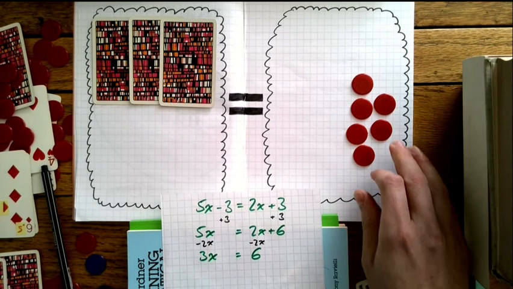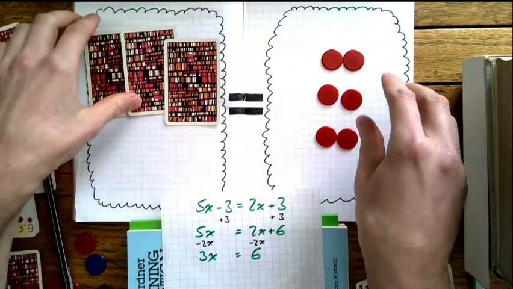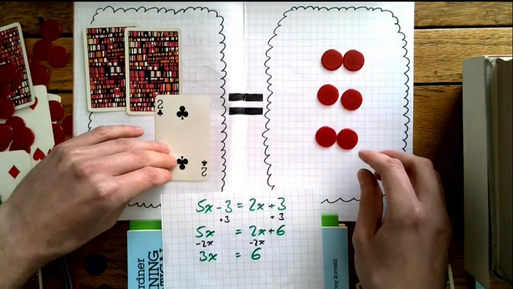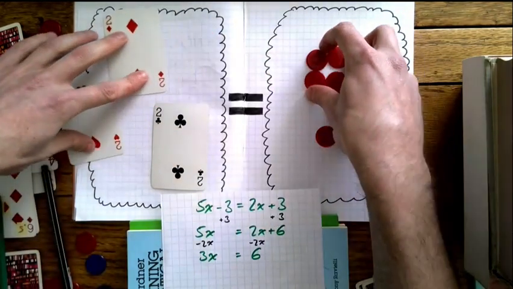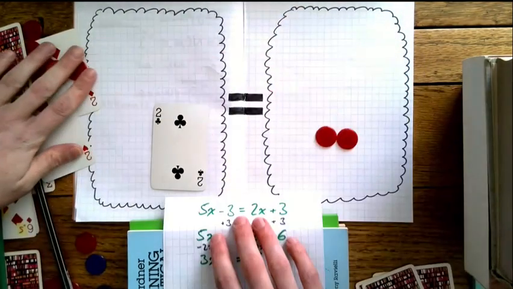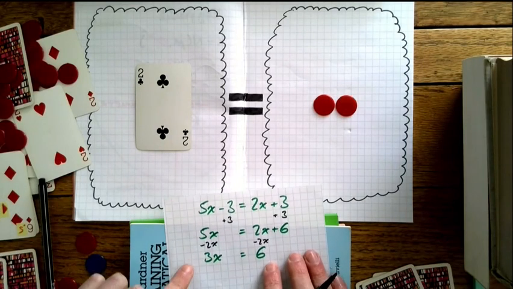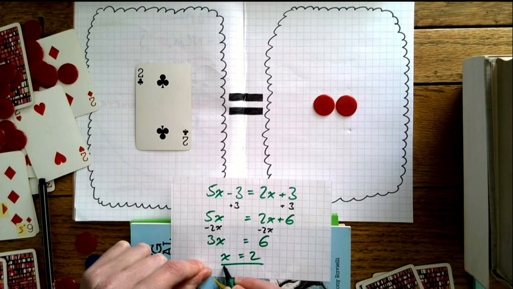The answer might spring to mind straight away. We've got 3, lots of a thing is 6. What's each thing? 2. Great. Each thing is 2. X equals 2. Let's just get rid of those. And we've just got x equals 2.